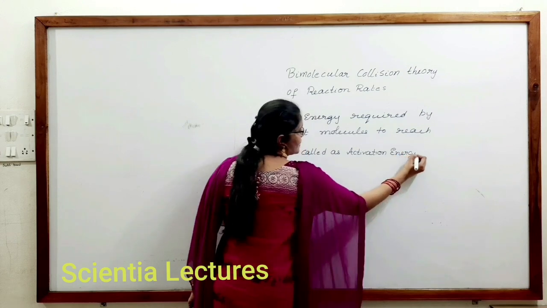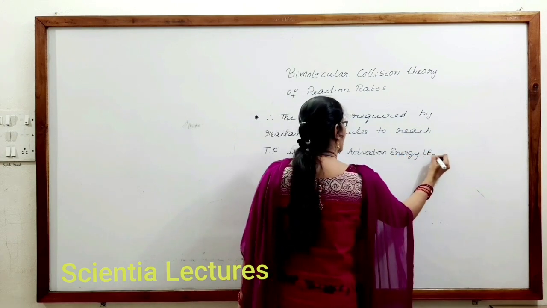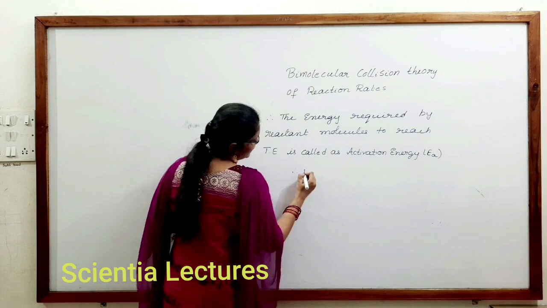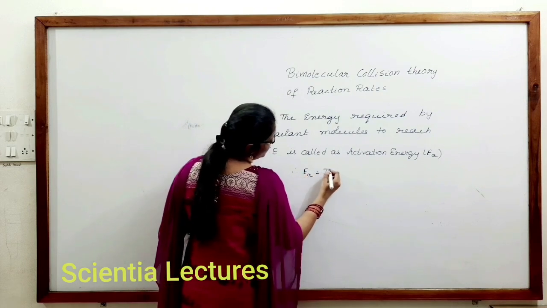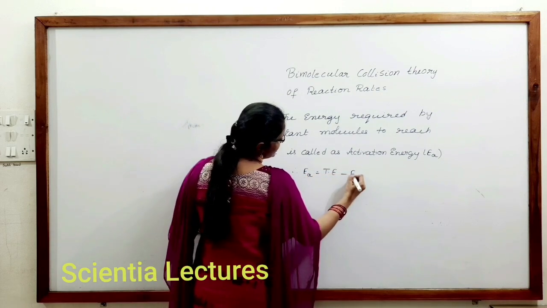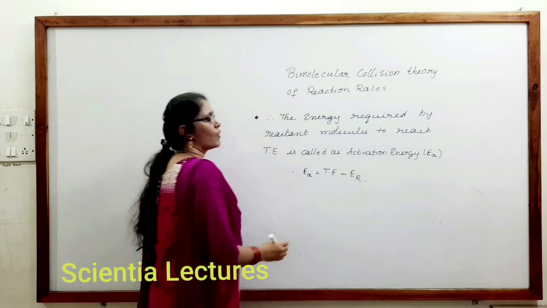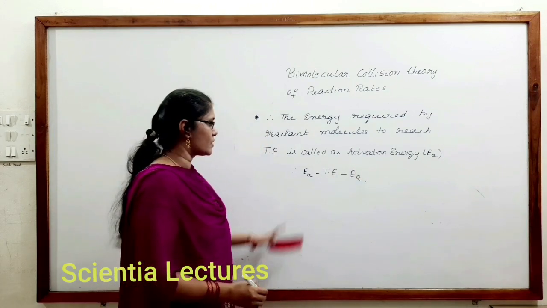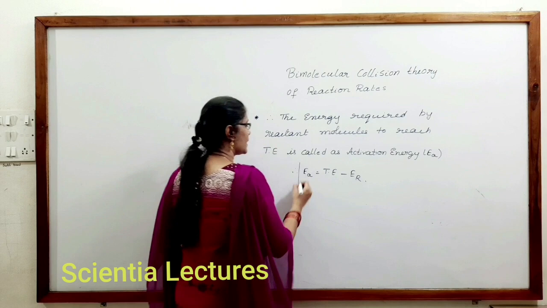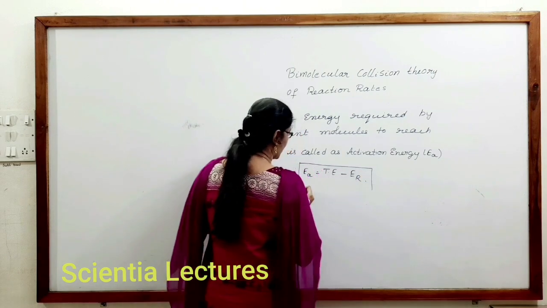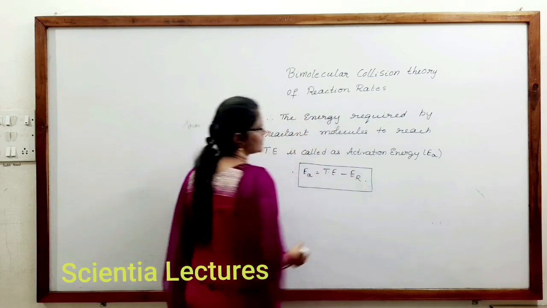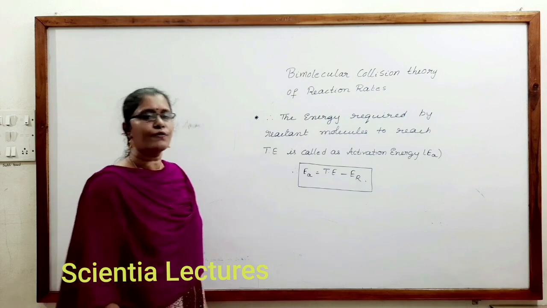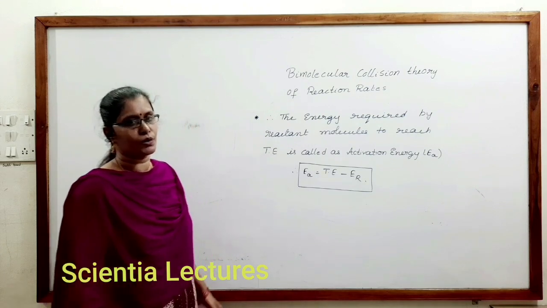As we know, it's represented as Ea, and therefore Ea must be equal to threshold energy minus energy of colliding reactant molecules.